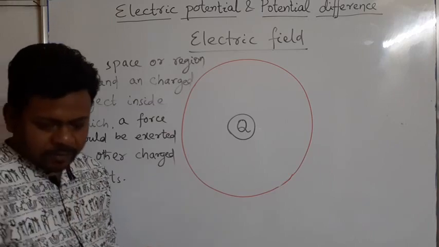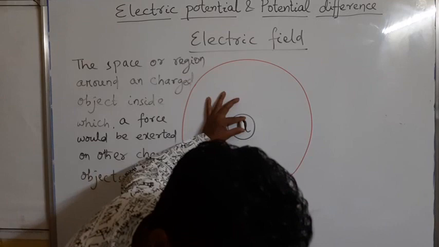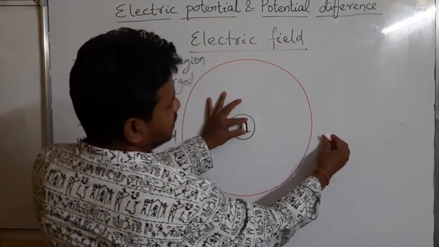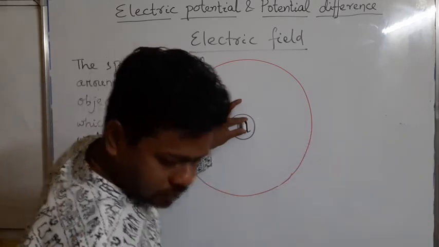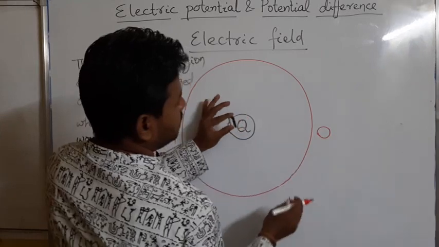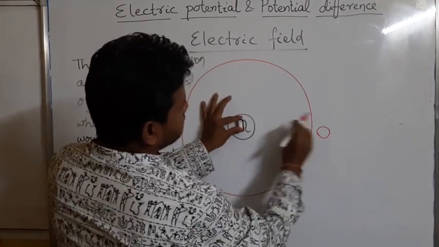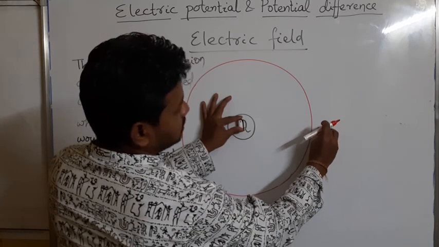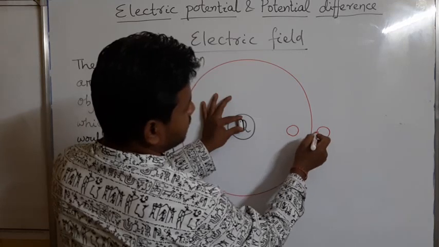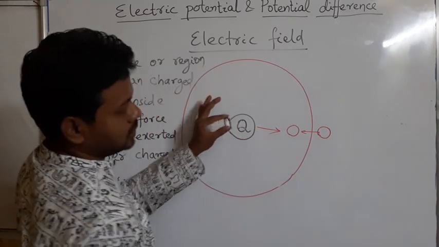It means, for example, this is the charged object, and if I bring another charged object here, so if I am keeping it outside, there is no force applied on it, but when it is kept inside, then it gives force on it.